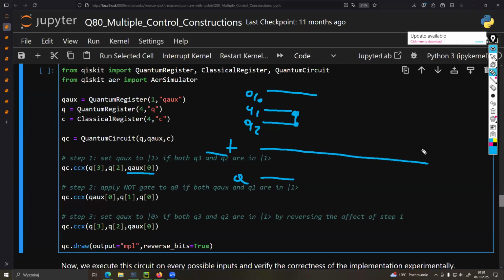We lengthen the amount of operations by first making a two-controlled gate that ties our Q1 and Q2 and affects our ancilla. And here I temporarily store the effect of Q1 and Q2, right?